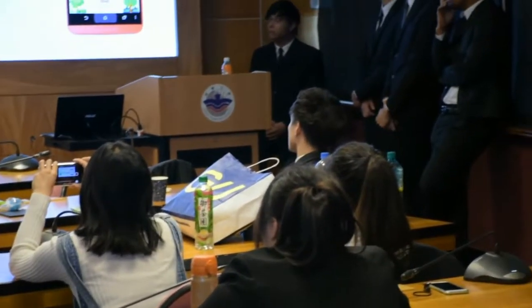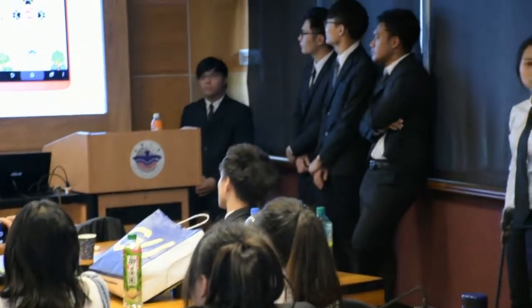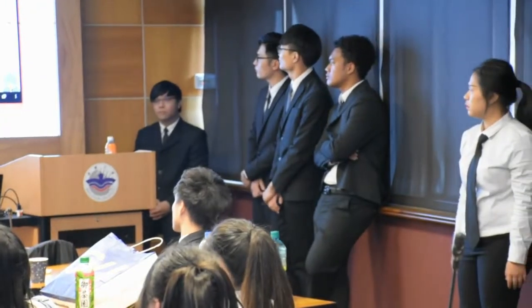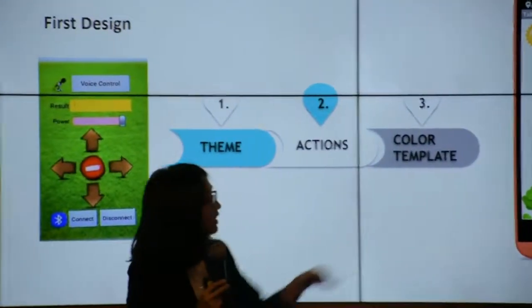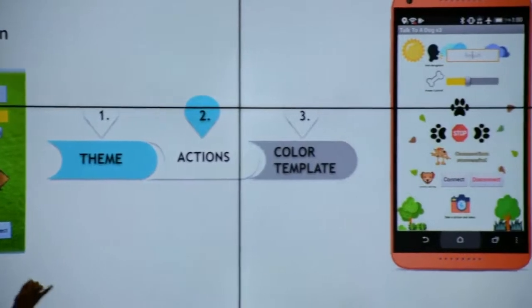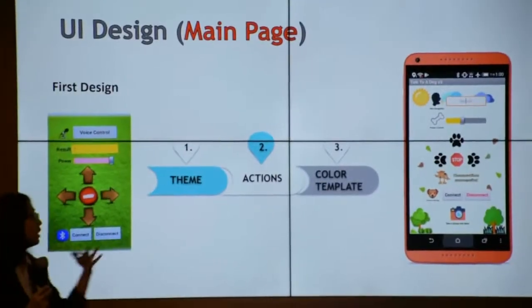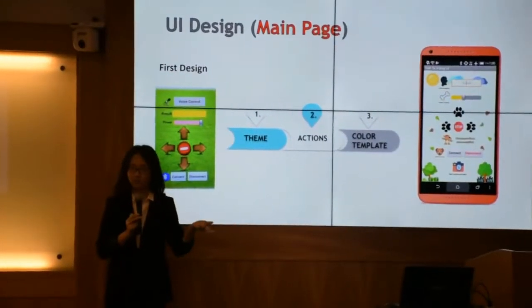Now, this is the main page of the mobile app. This is the first generation of it. As you can see, it's very simple. It looks quite ugly, frankly. And from that, you have the current version on the left. Now, on top, you have the voice recognition button, so you can issue voice commands to the robot dog. Below it, you have the motor controls to adjust how fast the motor goes, the RPM of the motor.